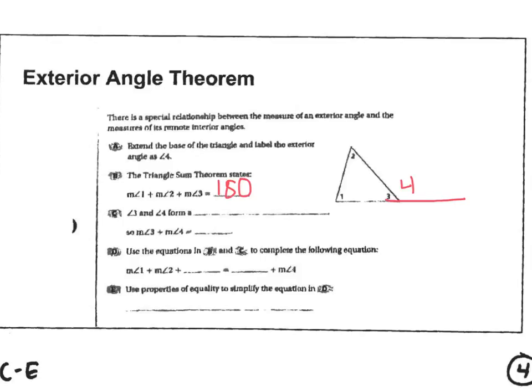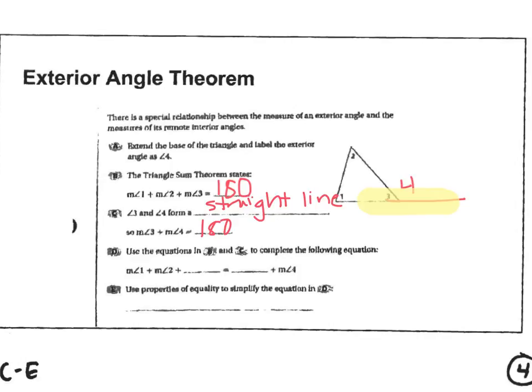I also know that angle 3 and angle 4, they're neighbors. So they form a straight line, which means that if I add them together, they're supplementary, they have to add up to 180 degrees.